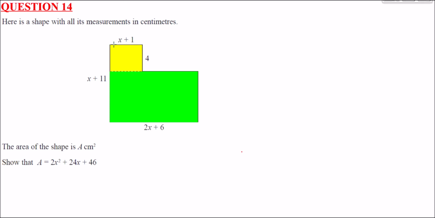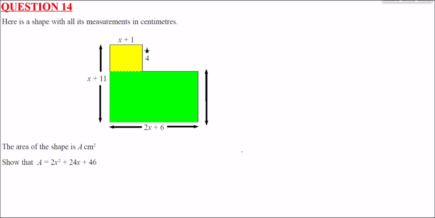Once we have, we can work out the areas of the green and yellow separately and add together. So the top one, x plus 1 along by 4, that's fine, but we don't know the width of the green one. We know its length is 2x plus 6, but what I don't know here is its width. So I need to find out what the width of this one is as well. Now, what I do know is that all the way from top to bottom is x plus 11.